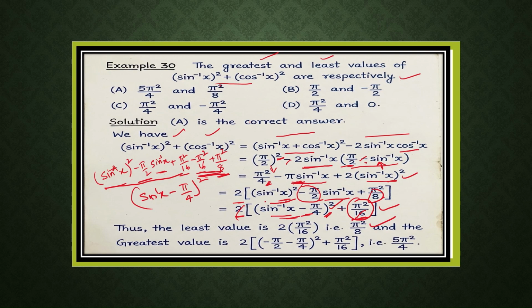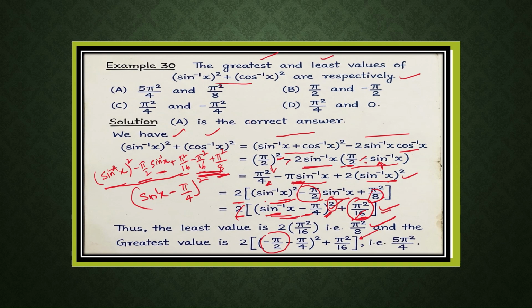Then for the maximum, sin inverse x becomes minus pi by 2, and at that moment this is the maximum value. If I put plus pi by 2, that situation also, because of the square, it will give a lesser value. That's why when sin inverse x becomes minus pi by 2, it will be the maximum value.